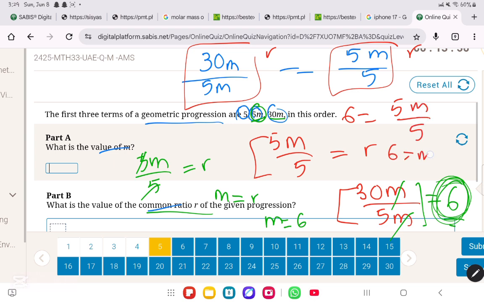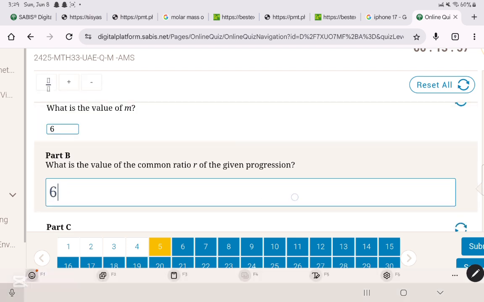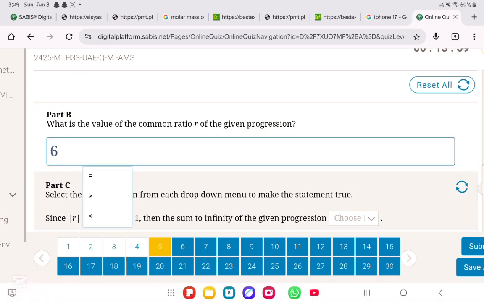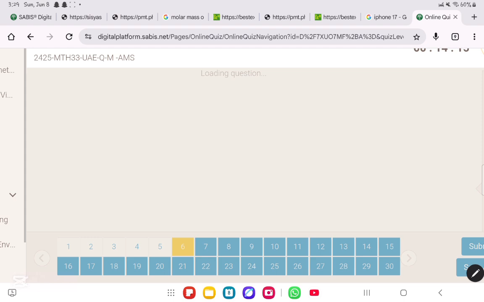So then 6 is equal to m. As you can see, it's the exact same answer. So m is 6 and the common ratio is 6. But since the absolute value of the common ratio is greater than 1, the sum to infinity of the given progression diverges. However, if the absolute value was less than 1, then it would converge.